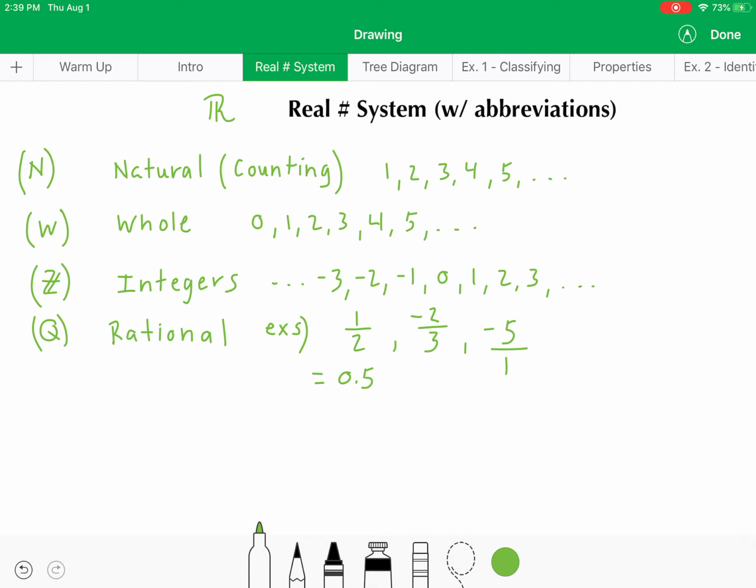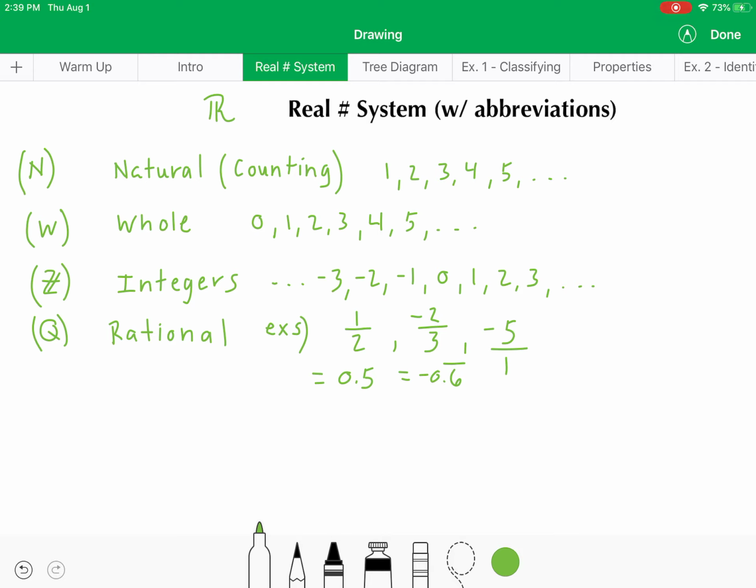So any terminating decimal can be considered a rational number. It can be rewritten as a fraction of two integers. -2/3 we know is -0.6 repeating in decimal form. Any repeating decimal is considered rational because it could be rewritten as a fraction of two integers.